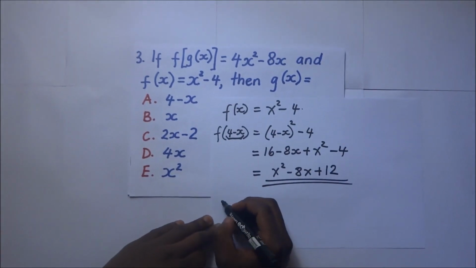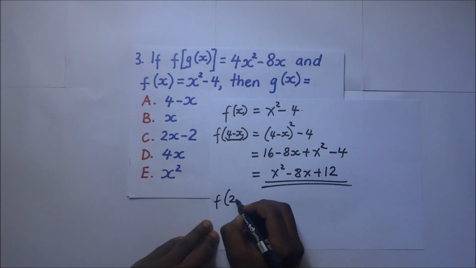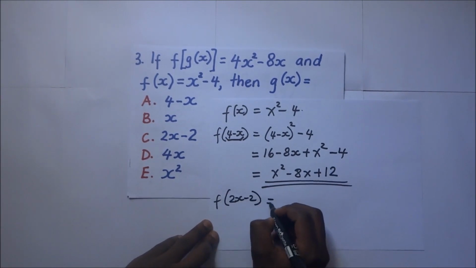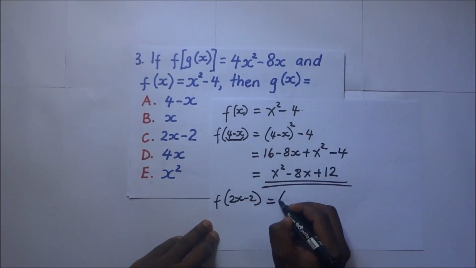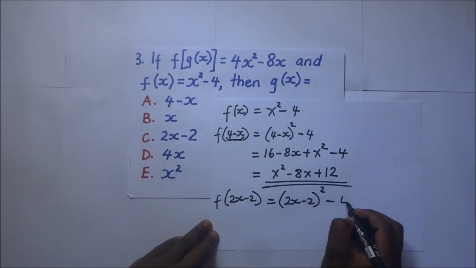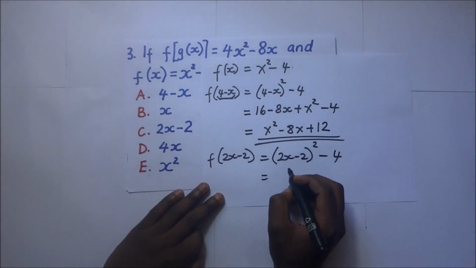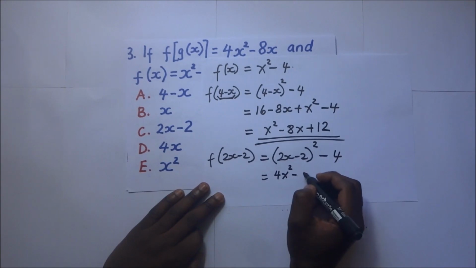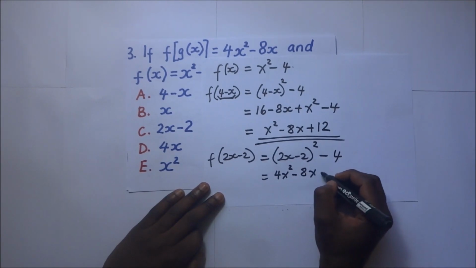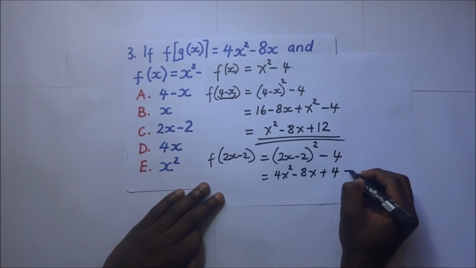So we try. F of 2x minus 2 is giving us x squared. In this case, it's going to be 2x minus 2, this whole thing is squared, minus 4. Expanding this is giving us 4x squared minus 8x plus 4 minus 4.